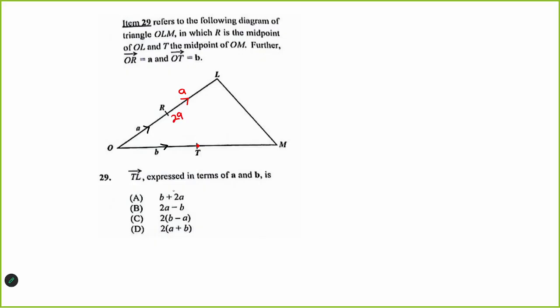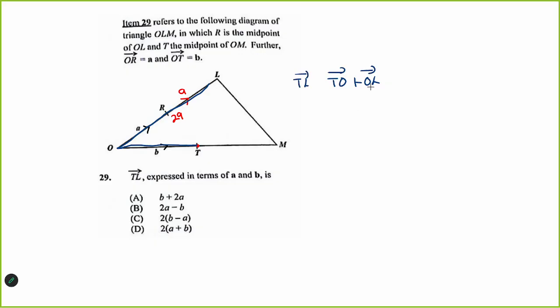So if I want T to L, I'm going to go from T to O and then O to L. So let's write that down. We go from T to O plus O to L to get TL.